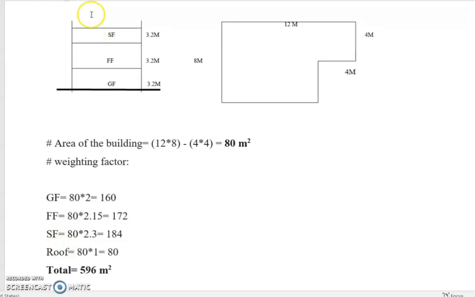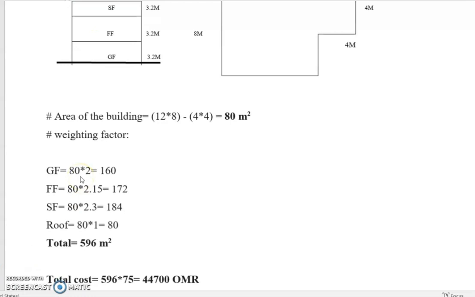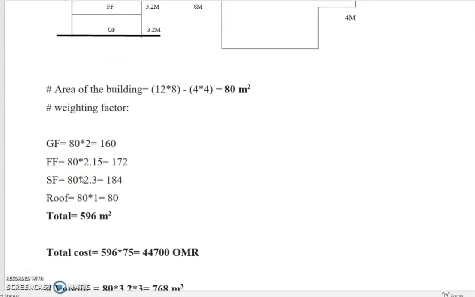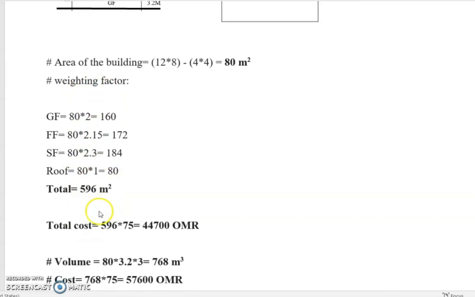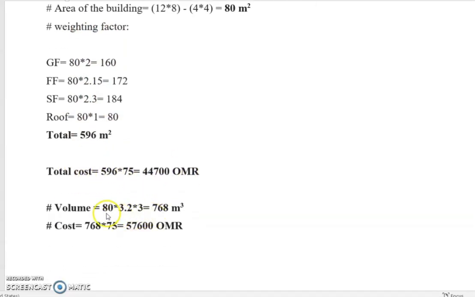Don't forget the roof. So the total area, after multiplying by the weighting factor, is 596. Total cost: 596 into 75 will be this cost.